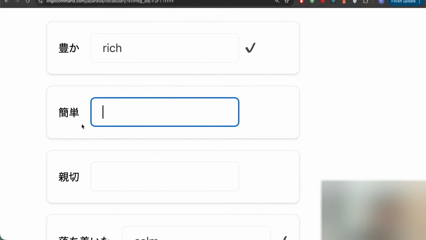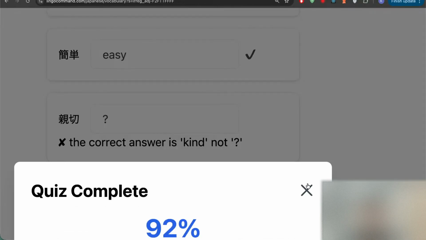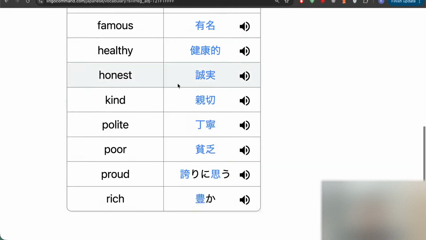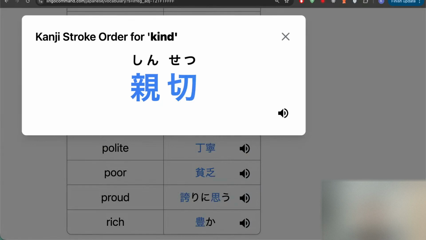What could this be? I think, is this kantan, which is easy? Okay. And then this last one, I always struggle with this. Kind is shinsetsu, I think it is. Kind is shinsetsu.